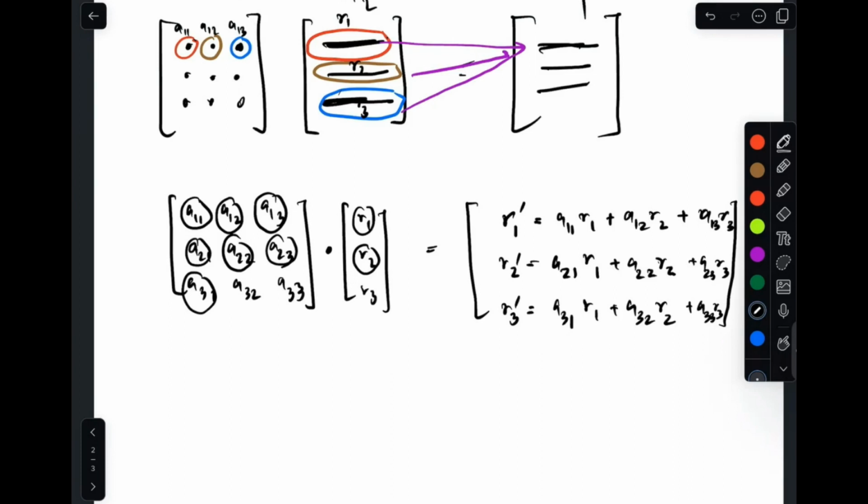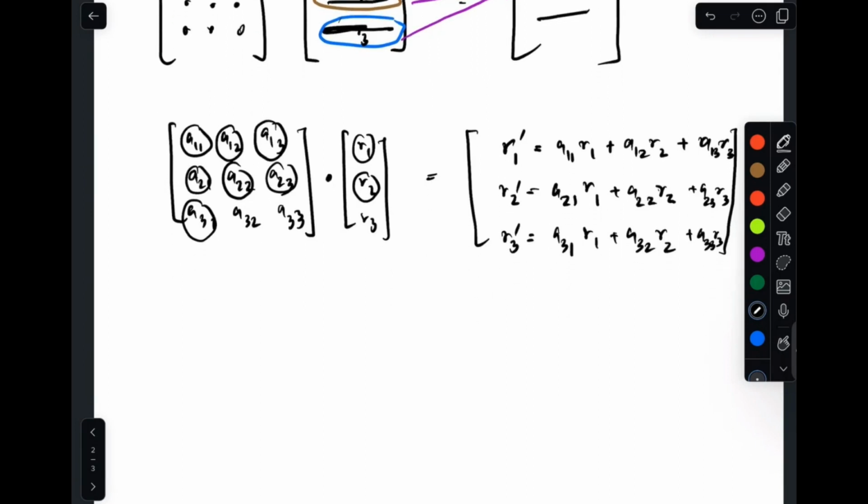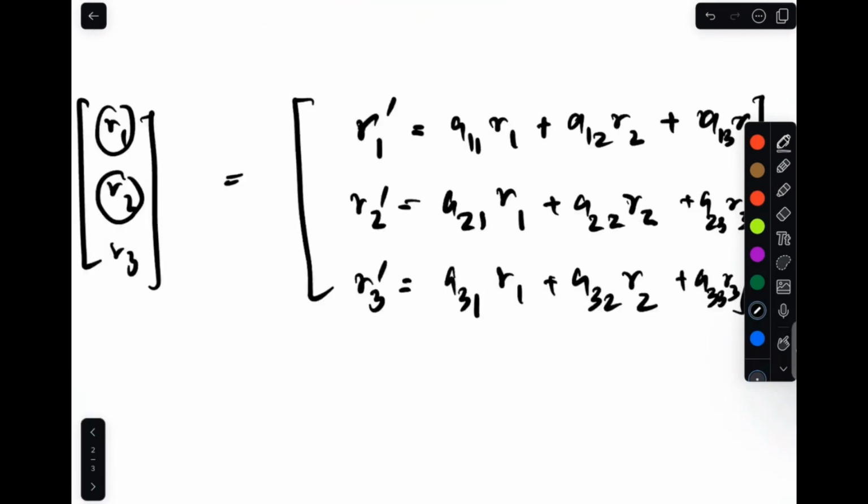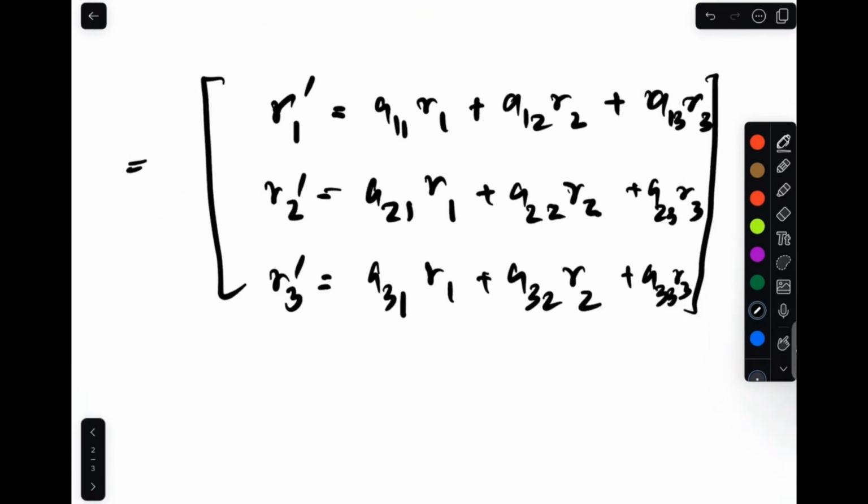You may be asking, it's already solved, so what's the point of writing it from scratch again? The reason is we want to write it algebraically so that you can generalize this idea for n cross n matrices. So R1 dash can be written as, observe what is common here. How do you write it in a summation? These are the fundamental things that build up your foundations, right?